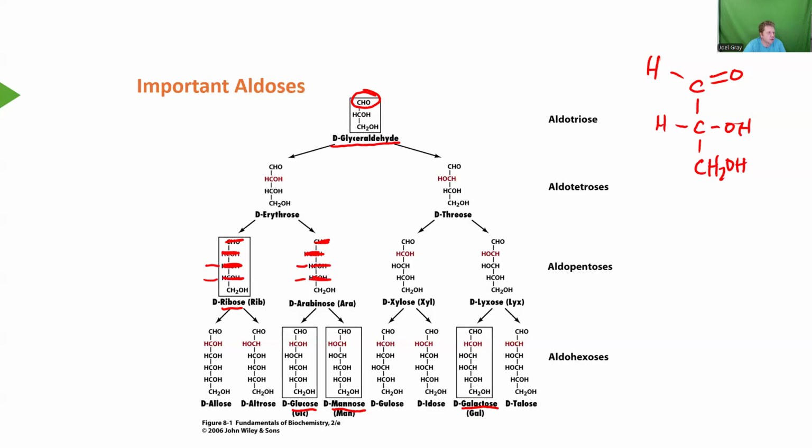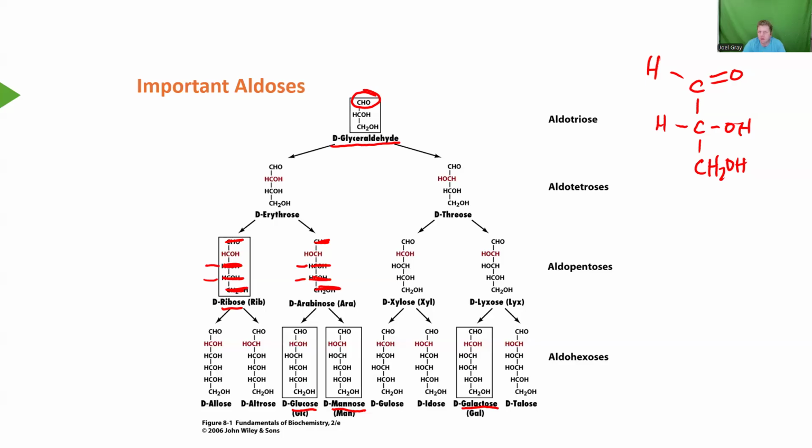And then the last carbon, CH2OH, those are the same. So when you compare ribose and arabinose, the only difference between them is the positioning of the OH group on carbon number 2. So that's where I bring that up, because that means that these two sugars are different.